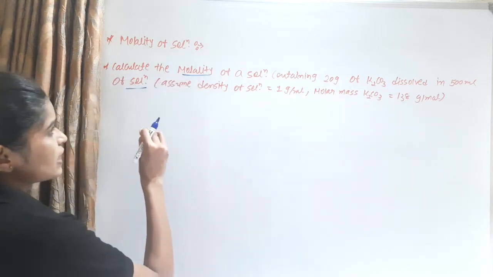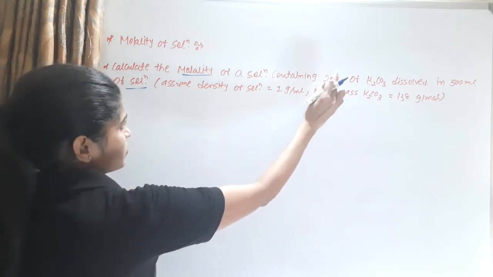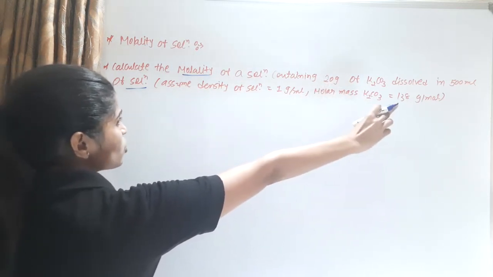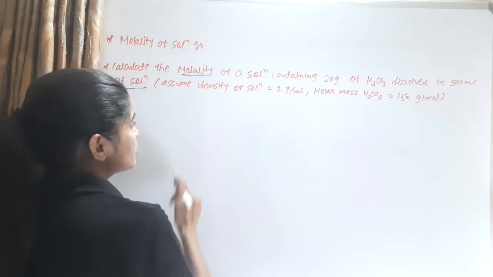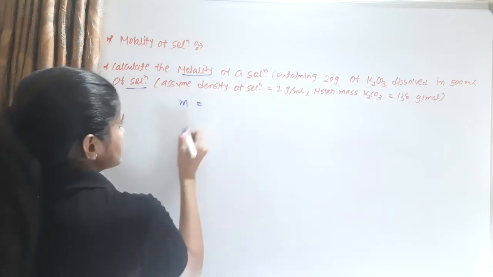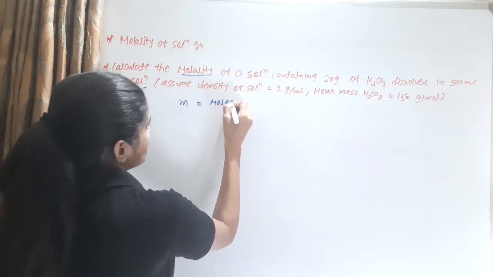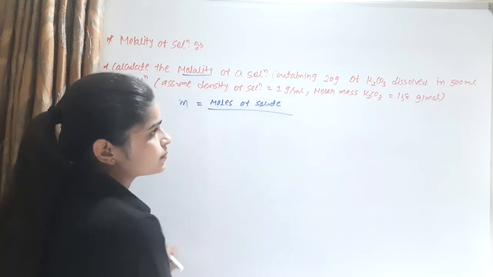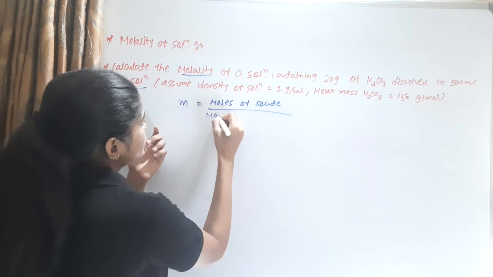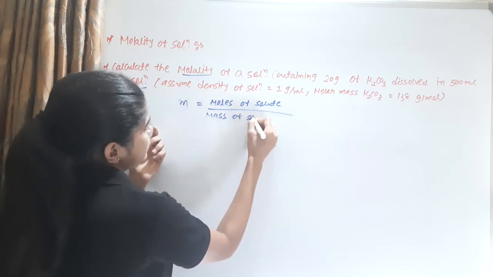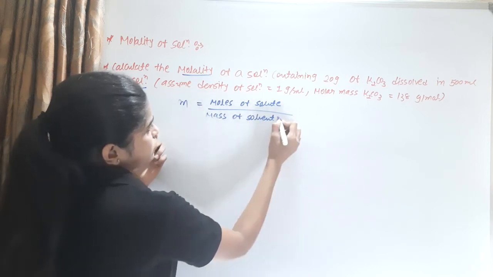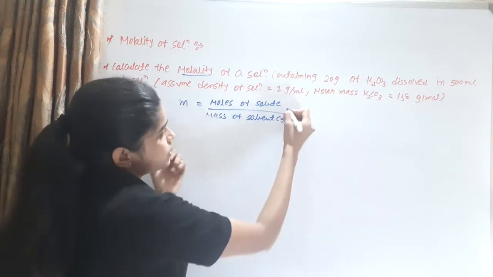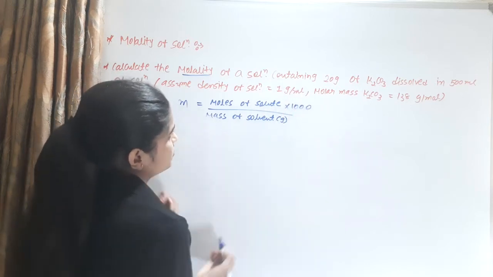First, given data: mass, or weight, 20 gram, and solution 500 ml. We know that molality is equal to moles of solute divided by the mass of solvent, in grams, so multiply with 1000.